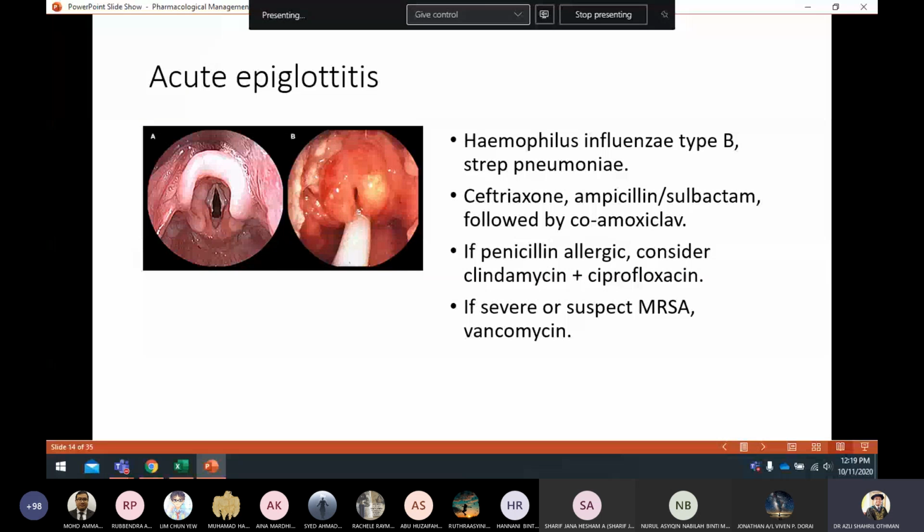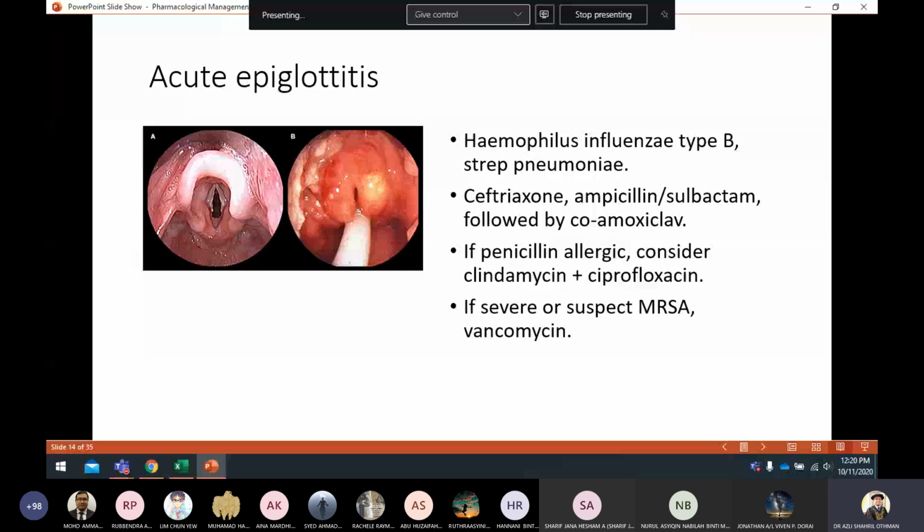So you have to think about that. If a patient is penicillin allergic, you try to give something else. In this case, if there is suspicion of allergy or confirmed penicillin allergy, you consider clindamycin plus ciprofloxacin.